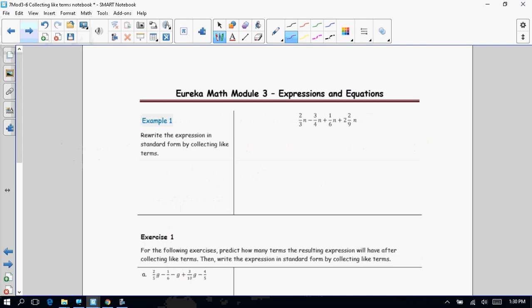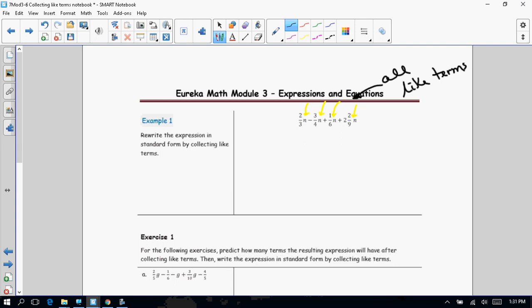And let's take a look at what we've got going on here. We're going to rewrite this in standard form by collecting like terms. Before I do that, I want you to just look at what we are actually adding. You will notice that every term, remember terms are separated by an addition or subtraction, every term has an N. So these are all like terms.